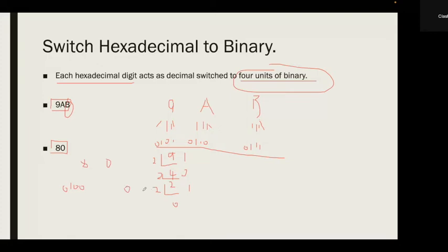In order to make it 4 units, we just gotta add 3 zeros to the left. We just fill as many zeros as we need until we make it 4 units. And we put it together, and the binary expression will just be 0, 1, 0, 0, 0, 0, 0, 0. This will be the binary expression of this hexadecimal number.